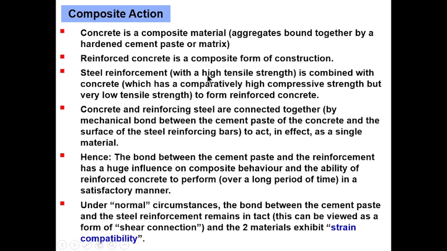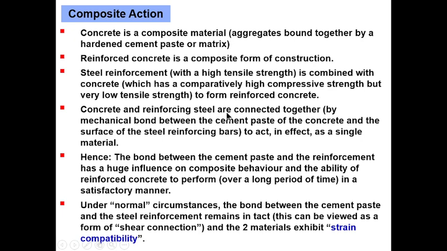Steel reinforcement with a high tensile strength is combined with concrete to form reinforced concrete. Steel reinforcement has a high tensile strength, concrete has a high compressive strength, and both of them have comparable thermal expansion, so they are compatible. So that is why you can form reinforced concrete.